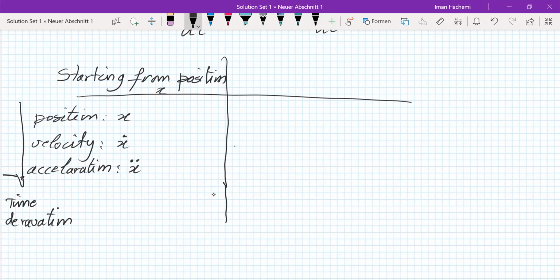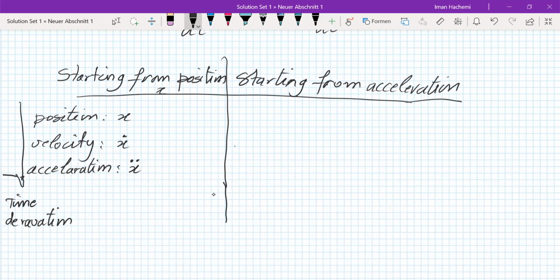On the opposite side, let's say starting from the acceleration, we have x double dot, which is a.